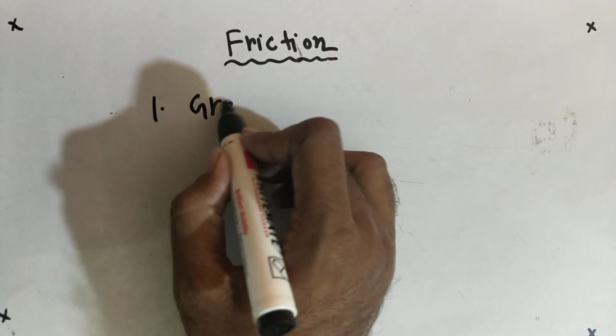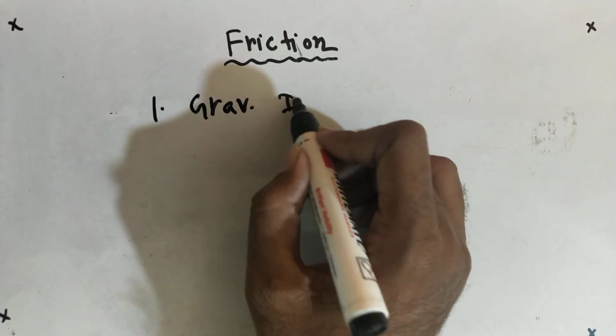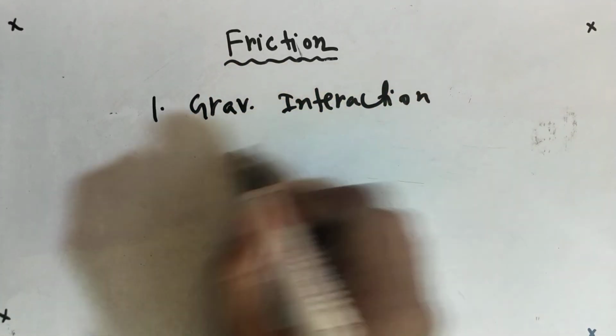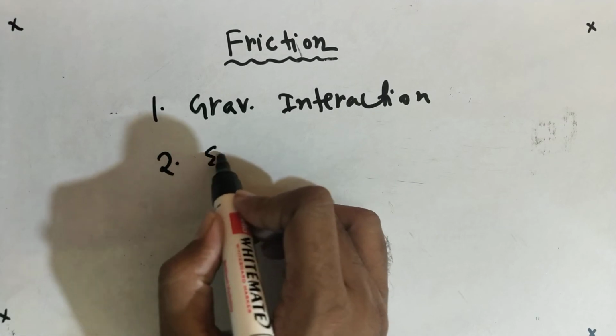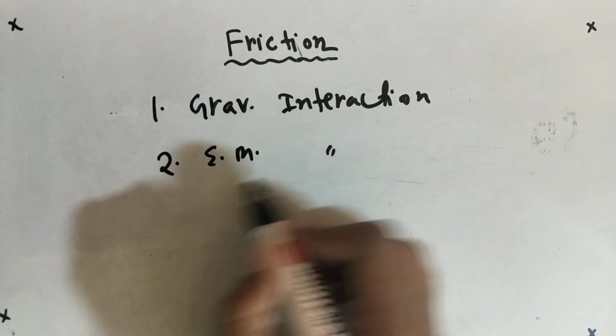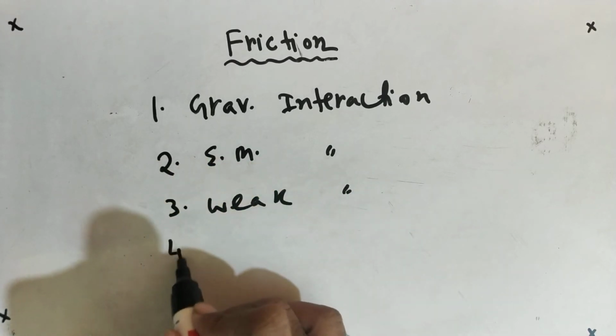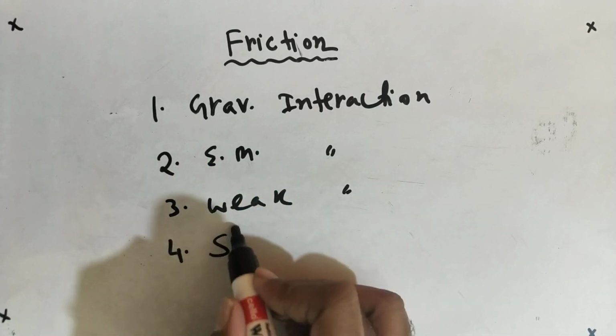One is gravitational interaction, another one is electromagnetic interaction, another is weak interaction, and another is strong interaction.